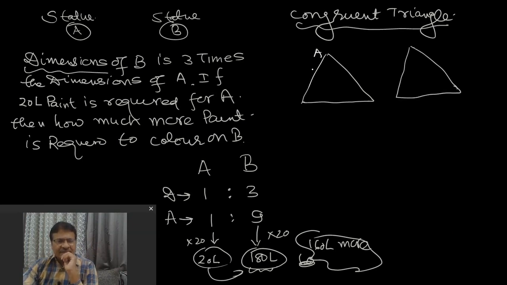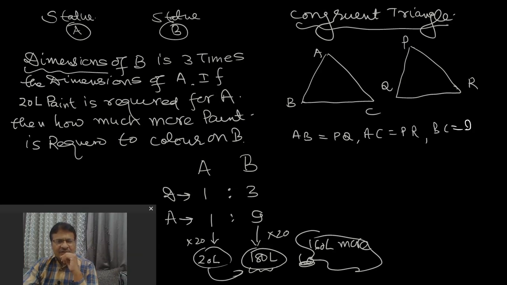Suppose this triangle is ABC, and this one is PQR, and if sides are equal, this AB is equal to PQ, AC is equal to PR, and BC is equal to QR, then definitely the angles have to be equal.